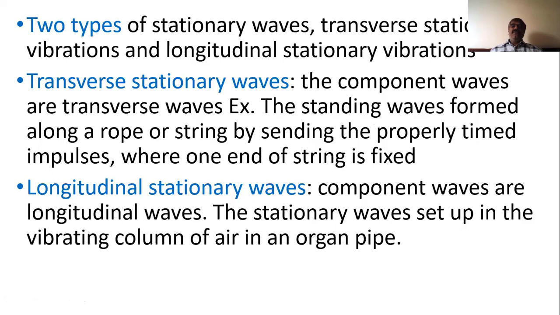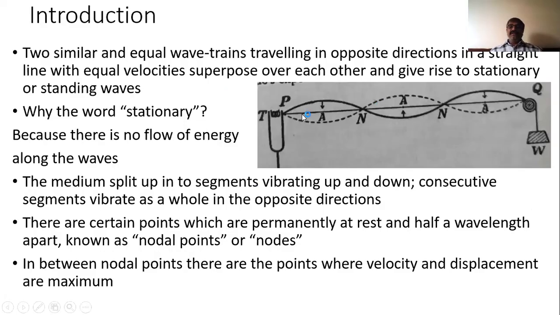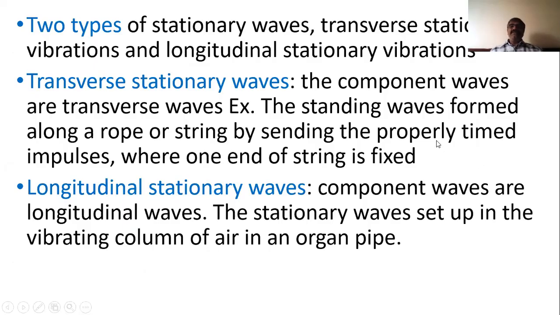The example I showed in the previous slide is a transverse wave produced along a vibrating string, where there is a trough and a crest. When two components of such transverse waves are utilized to produce the stationary wave, the pattern is called a transverse stationary wave.